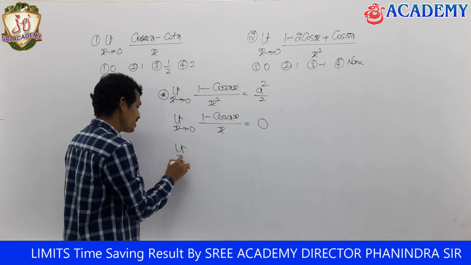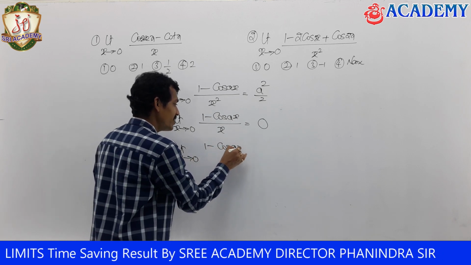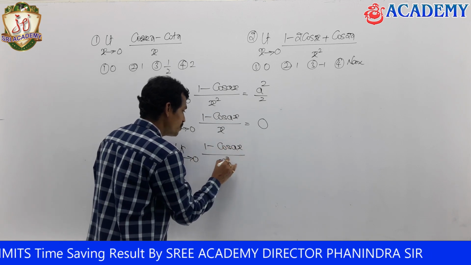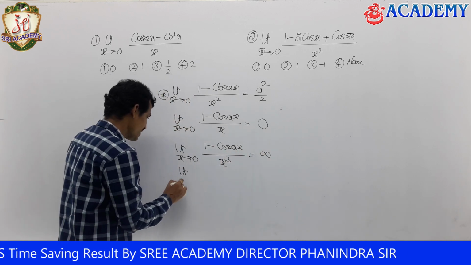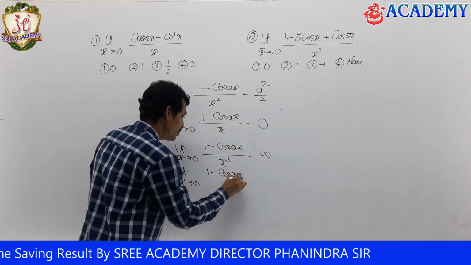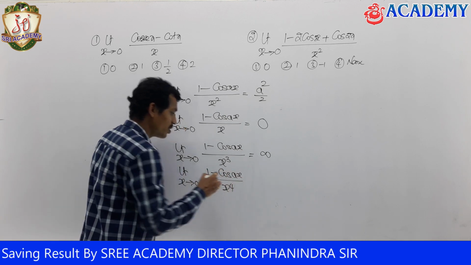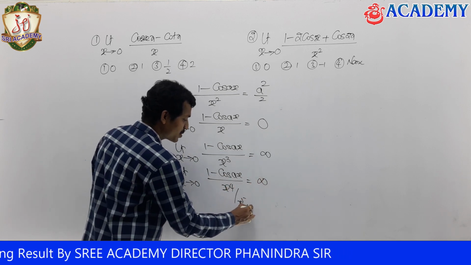Limit x tends to 0 of (1 minus cos ax) divided by x cube, the answer is infinity. Limit x tends to 0 of (1 minus cos ax) divided by x to the power of 4, also infinity.